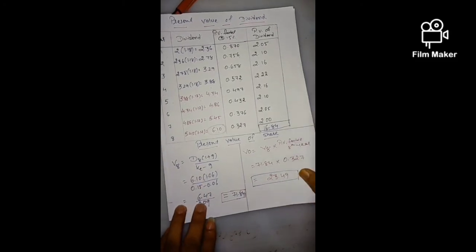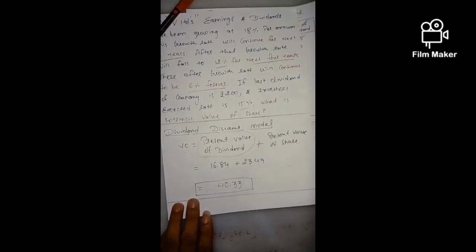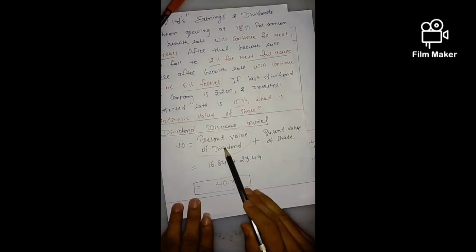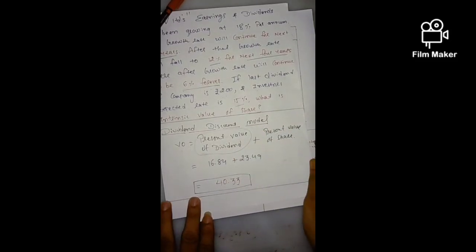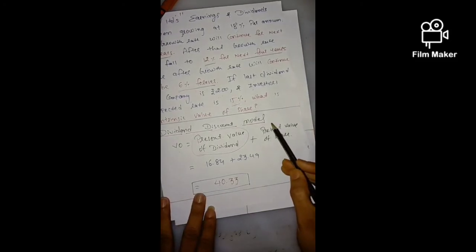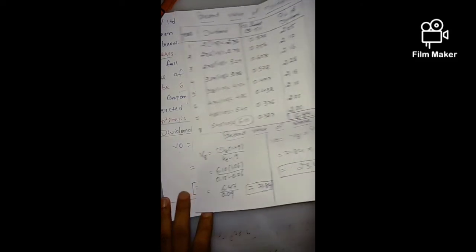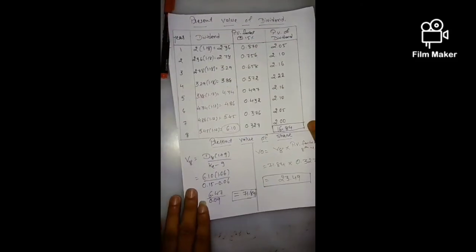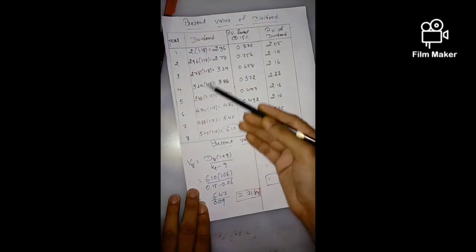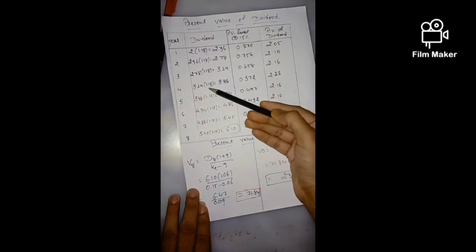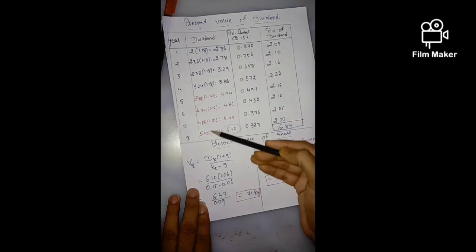Now the second part of this formula: the total value of share is considered to be the summation of present value of dividend and present value of share. So now we are calculating the present value of share. First of all, you need to understand that we are 8 years away by applying growth rate, first 4 years and then next 4 years.